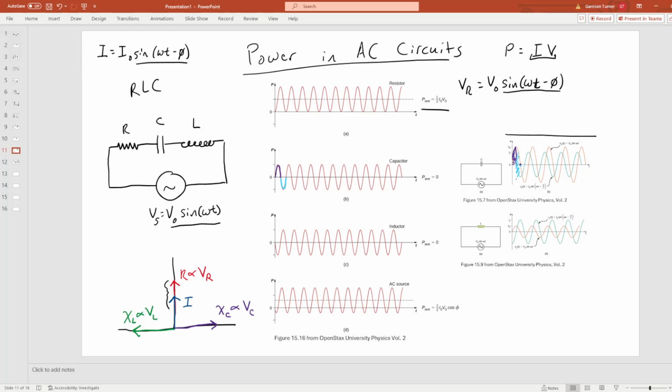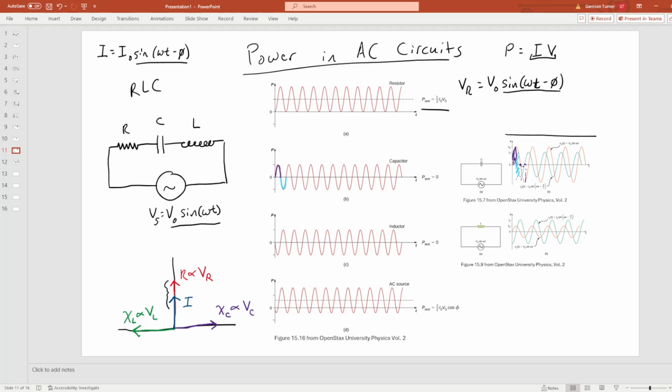And then from that region to this region, they're both negative right in here.